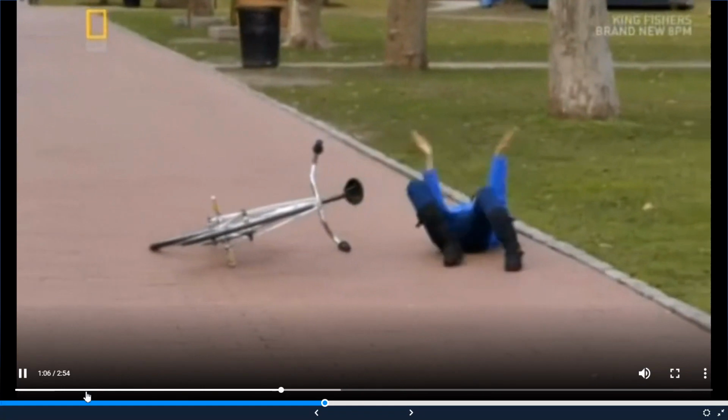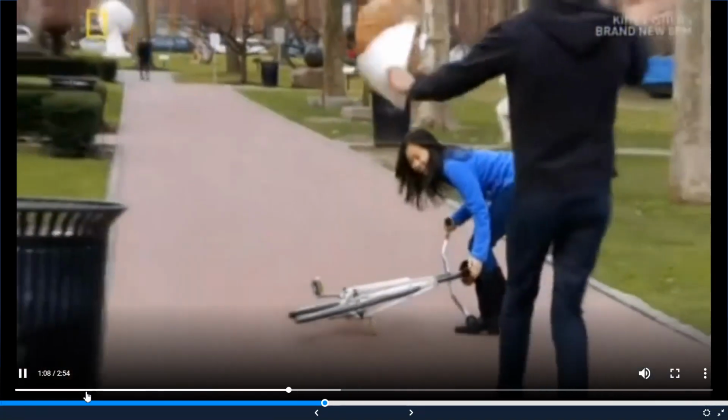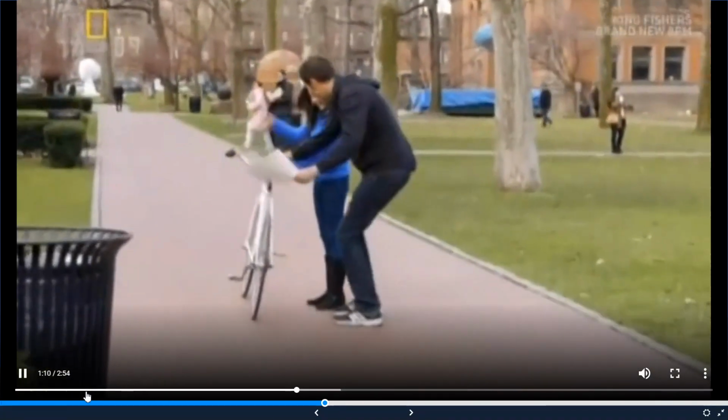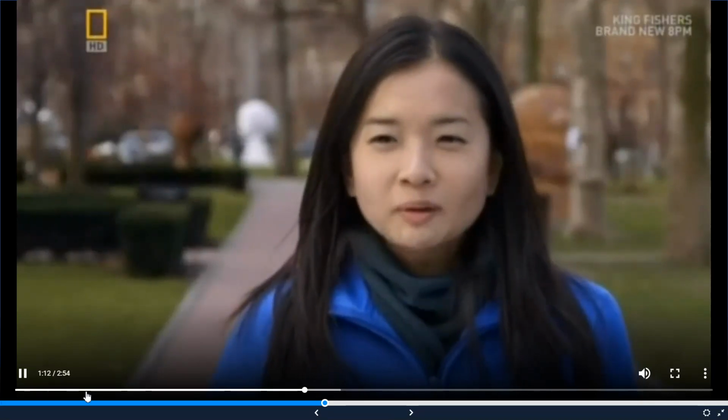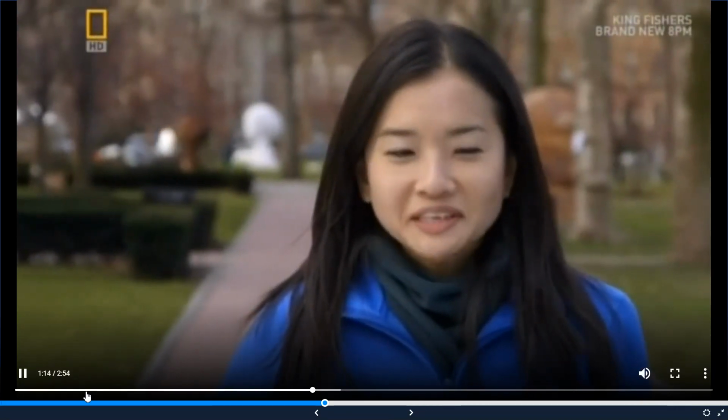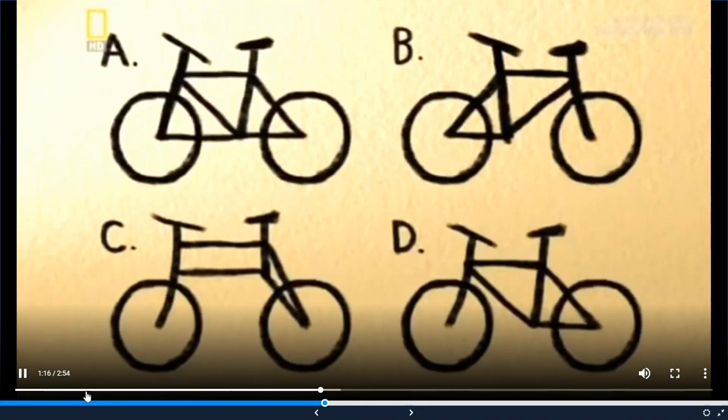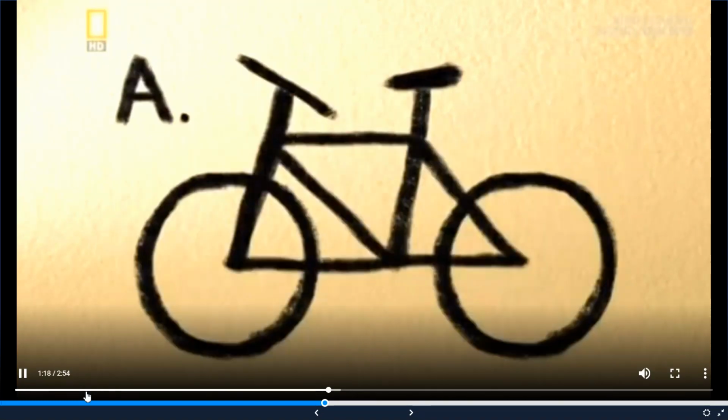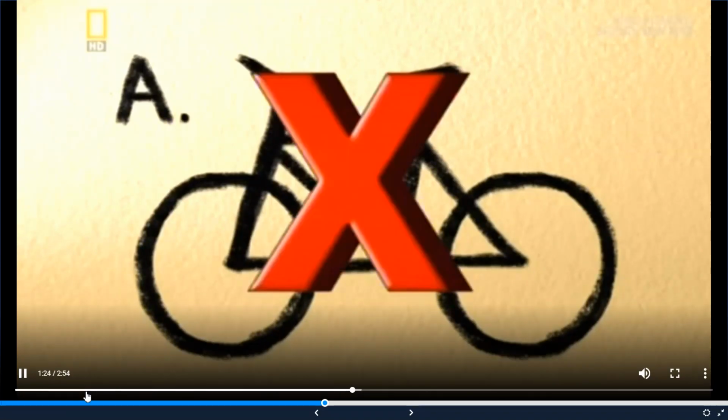Okay, you don't have to do it anymore. Stop, stop, stop. I was pretty confident that I'd be able to draw a bicycle, but clearly I didn't do so well. Anne's bike looked like this. Option A. Is this the bike you picked? If so, you'd have a problem too.